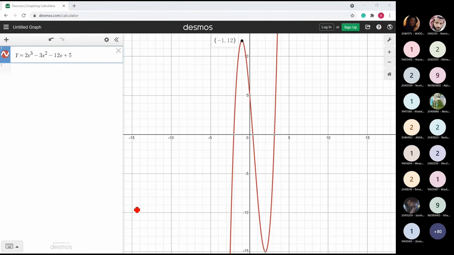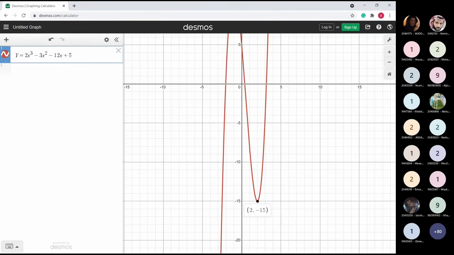So from here we get 2 and negative 15, in f of x.